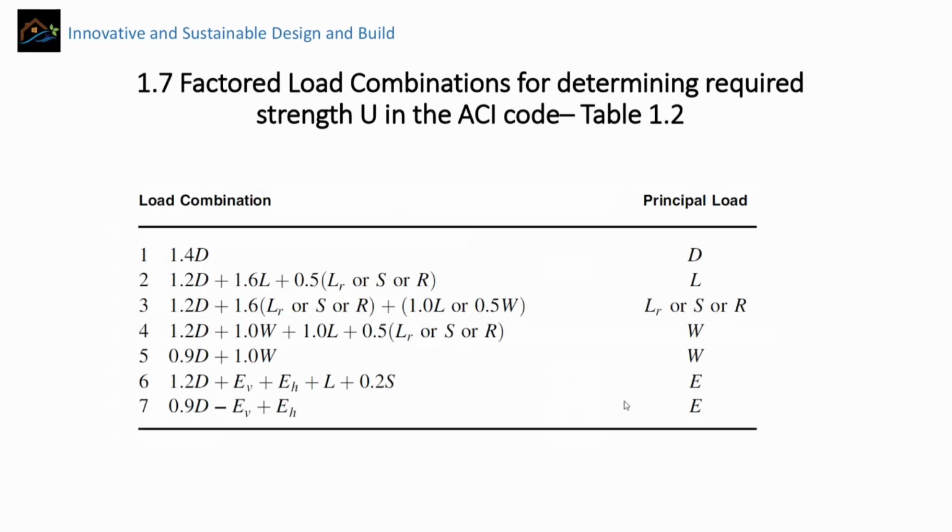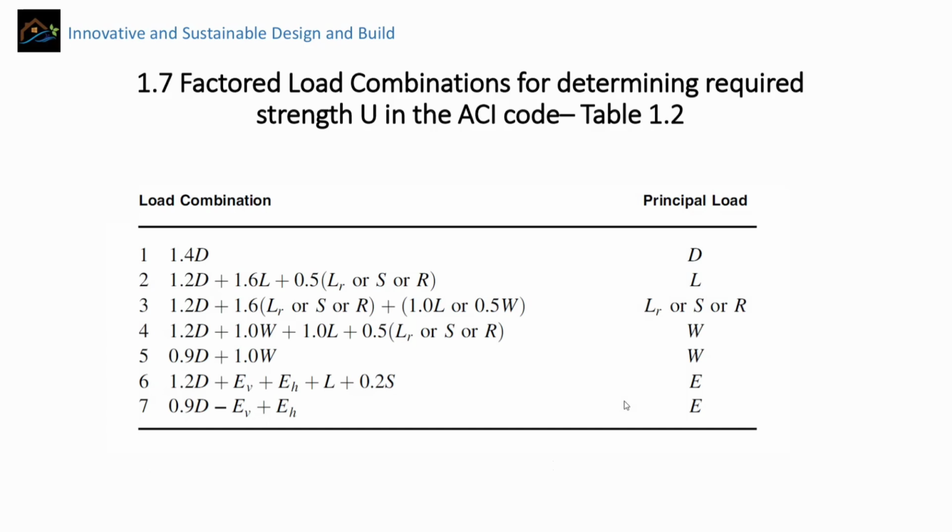Let's go to the factored load combinations. We say that required strength U should be calculated, and according to the ACI code Table 1.2, we have various load combinations based on the principal load. So first we see which principal loads are available. If there is only one dead load, 1.4 dead load means that it is the required strength.